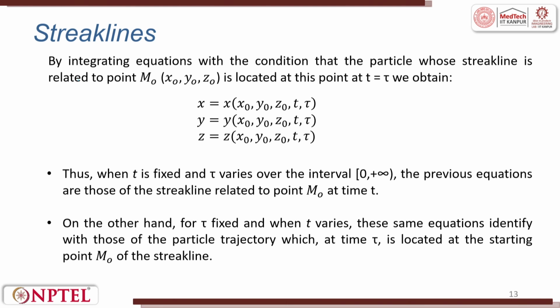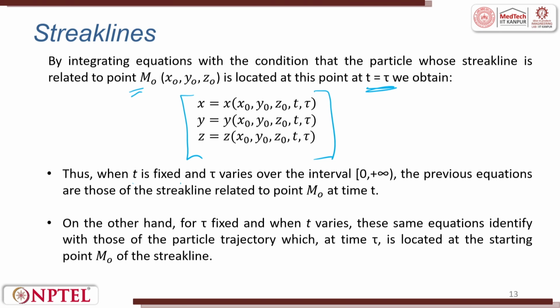By integrating equations with the condition that a particle whose streak line is related to a point M0, which is x0, y0, z0, is located at a point at t equal to tau, we obtain the following equations. x, y, z is a function of x0, y0, z0, t and tau, located at a point at t equal to tau.